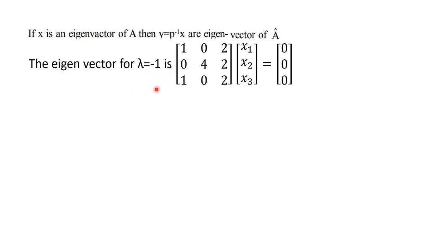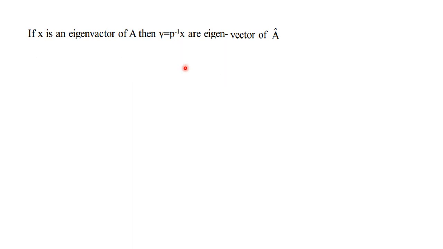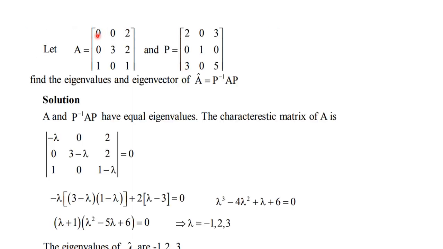So we find out the eigenvector for each eigenvalue: -1, 2, 3. First we have the eigenvector for lambda equal to -1. A - λI: 0 minus -1 is 1, 0, 2, 0.